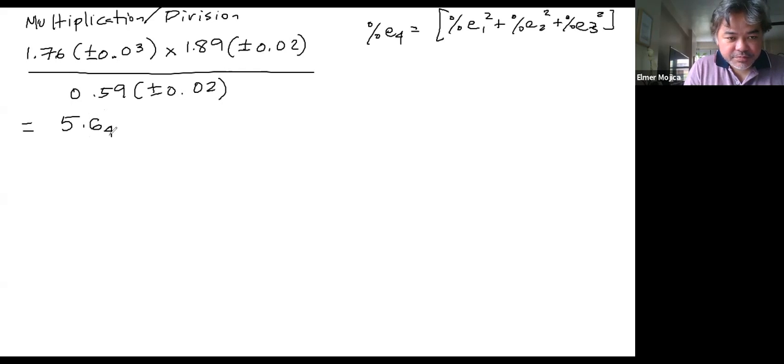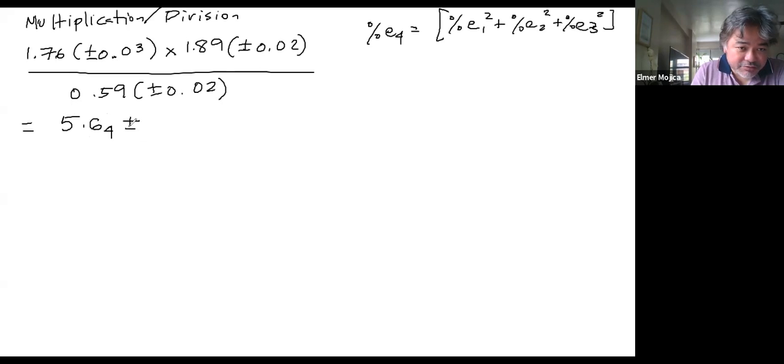And we're going to put the next number there, that would be around 5.64 because it's 5.637. I put a small number here because the only significant one is 5.6.